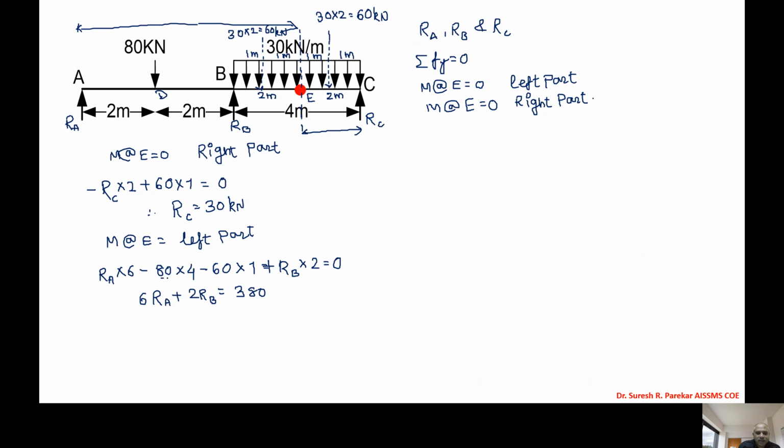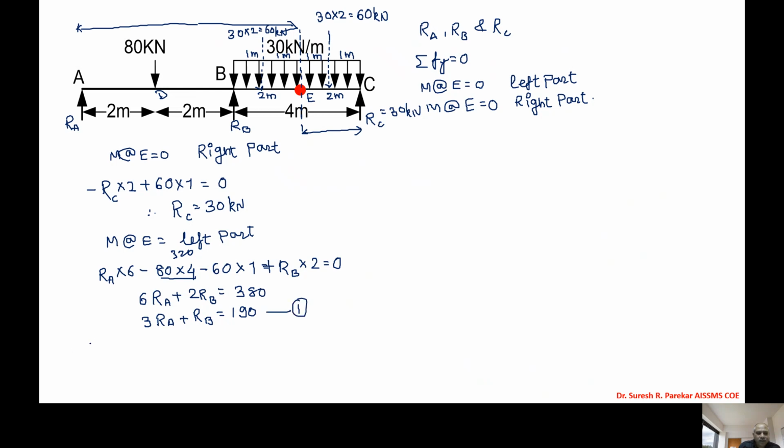This is 80 into 4, we have 320, and plus 60, 380. Now divide the whole equation by 2, we will get 3RA plus RB equal to 190. We know the value of RC, we have 30 kilonewton. So this will be equation 1.